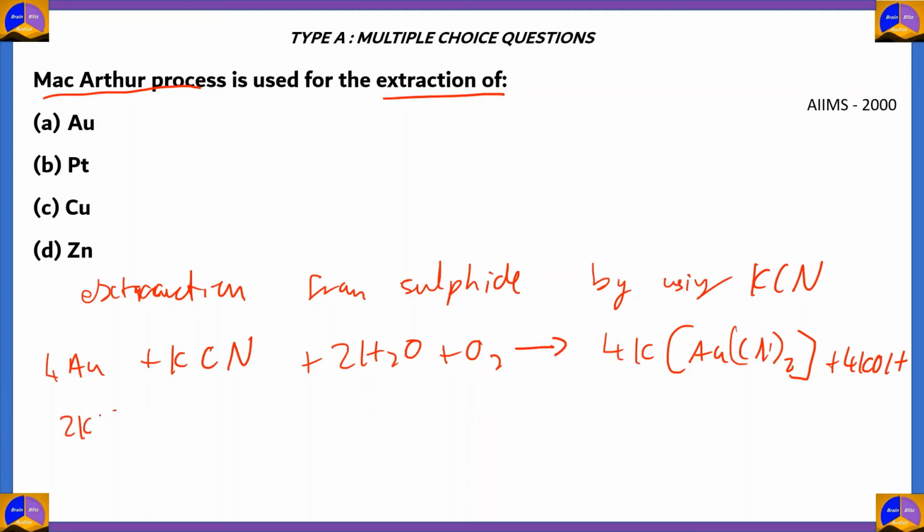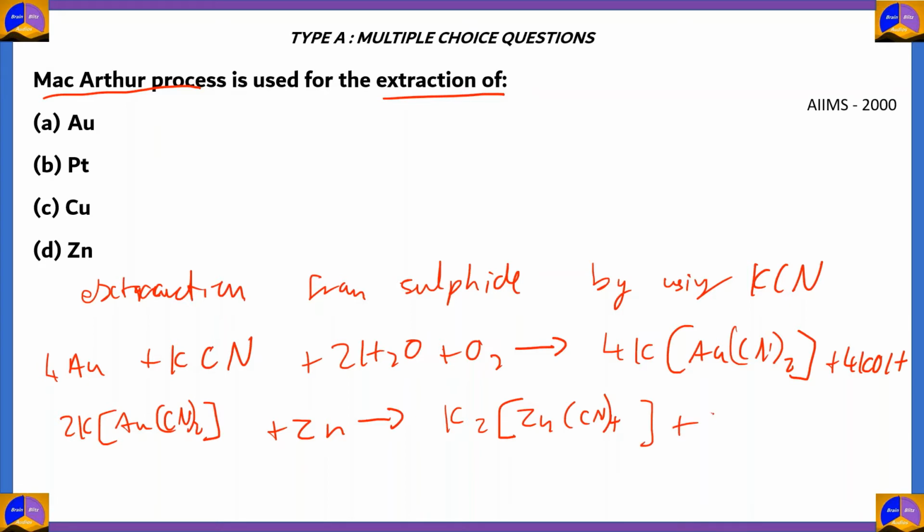and then 2 of KAu(CN)2 is reacted with zinc to get zinc cyanide and gold.